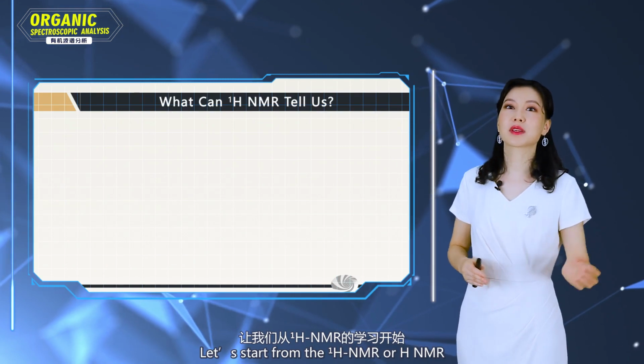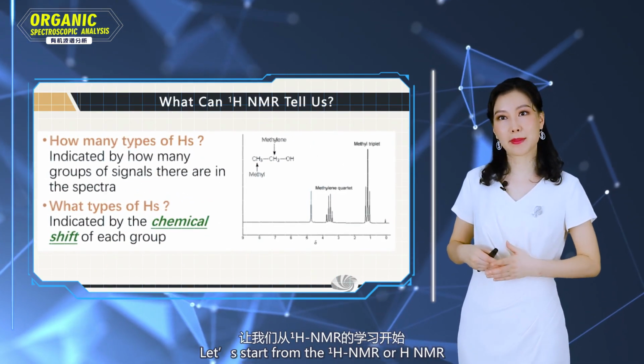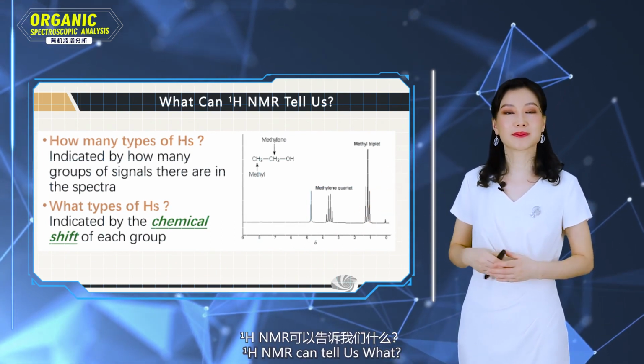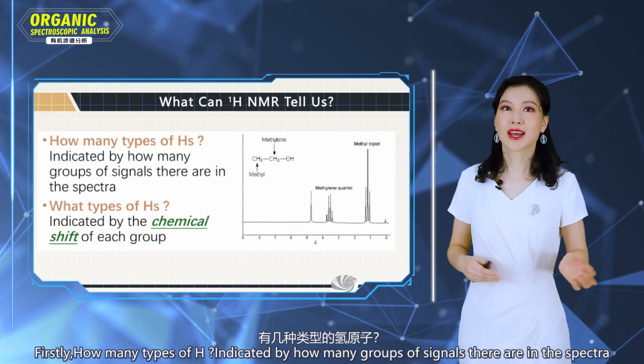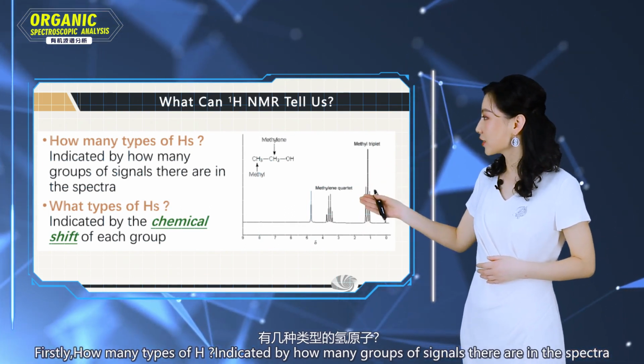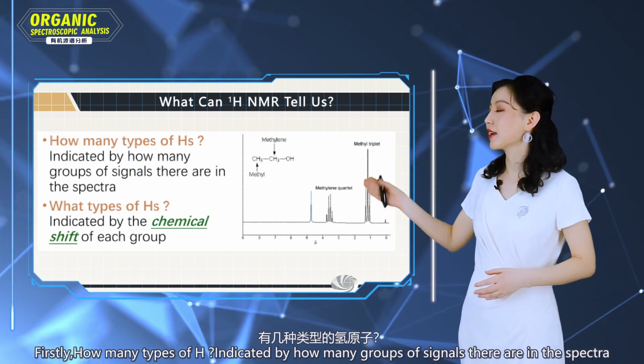Let's start with proton NMR, or hydrogen NMR. What can proton NMR tell us? Firstly, how many types of hydrogens, indicated by how many groups of signals there are in the spectrum.